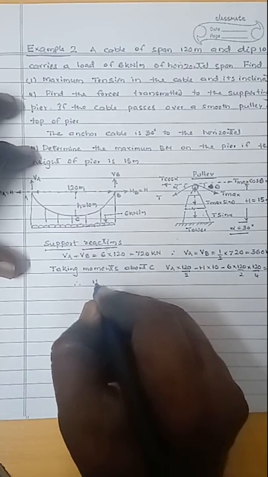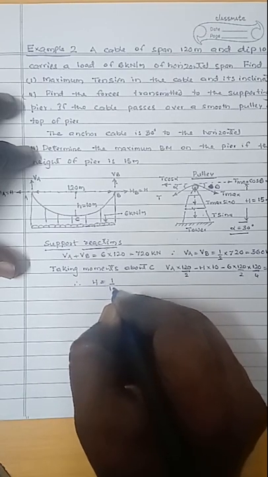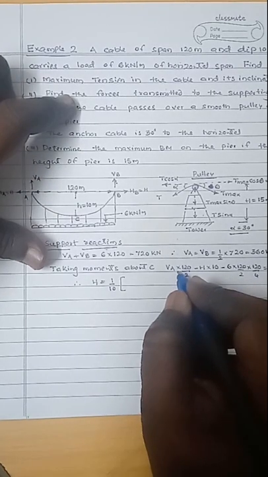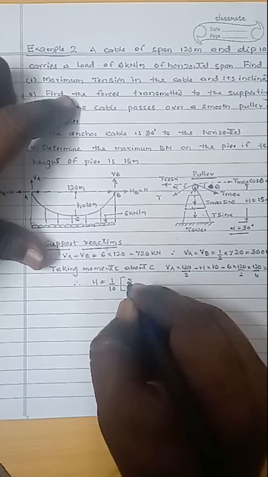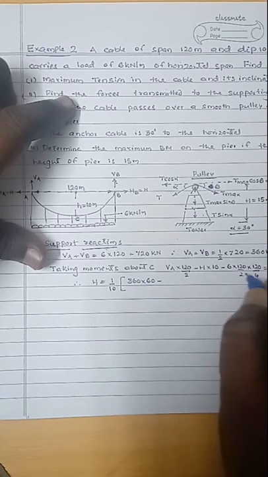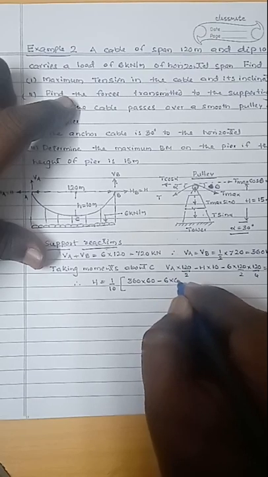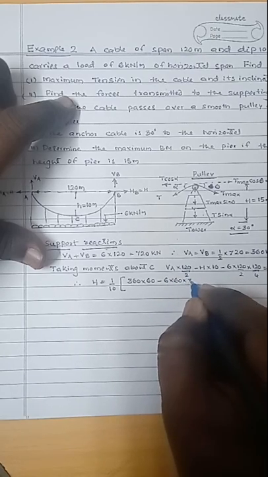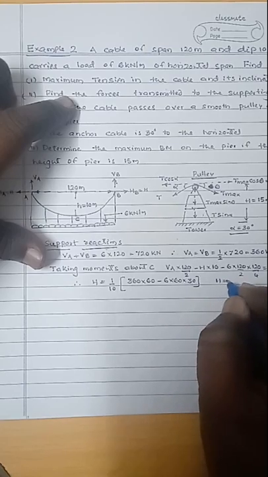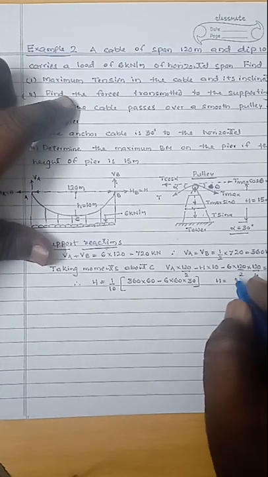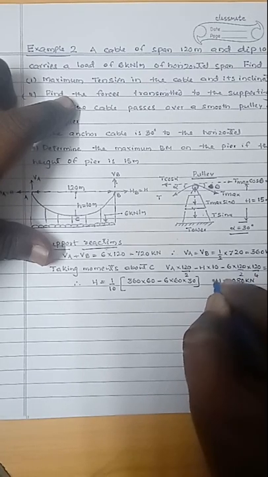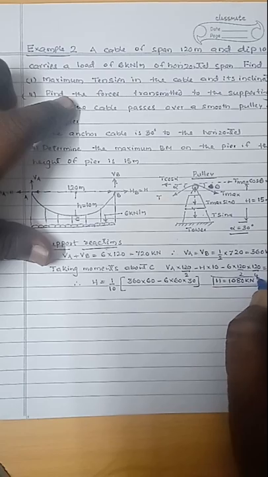Therefore H equals 1 over 10 into Va 360 into 60, minus 6 into 60 into 30, so H equals 1080 kilonewton.